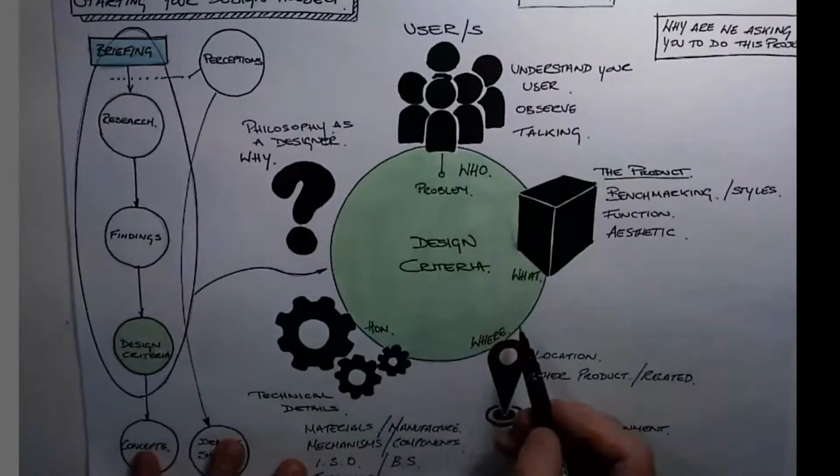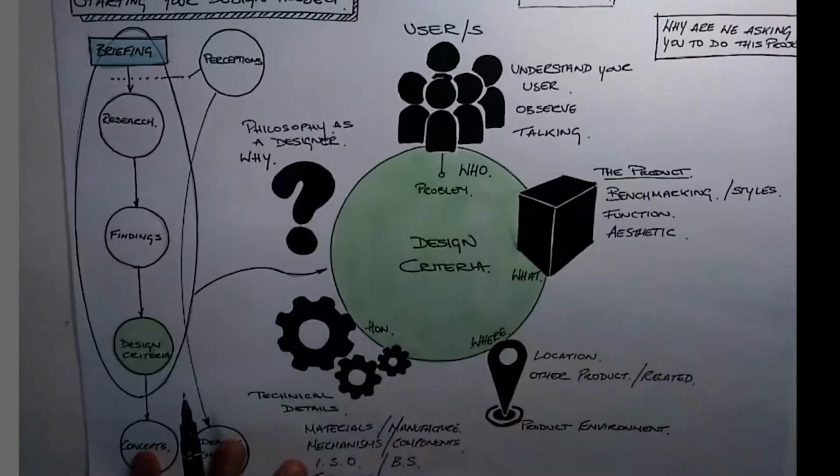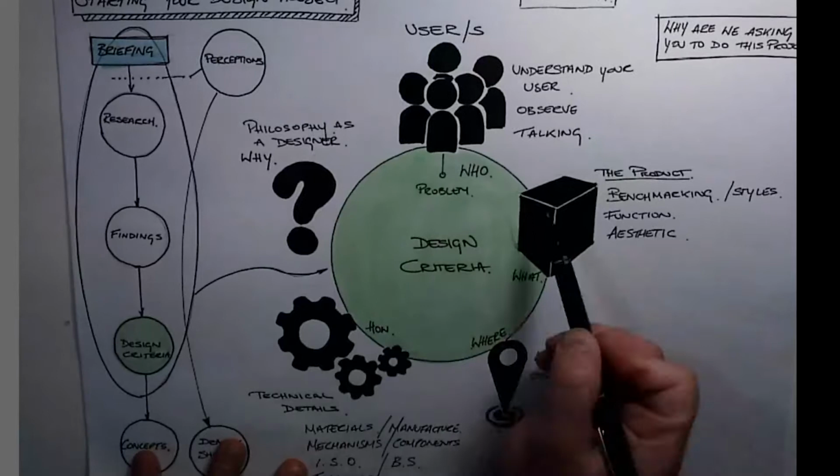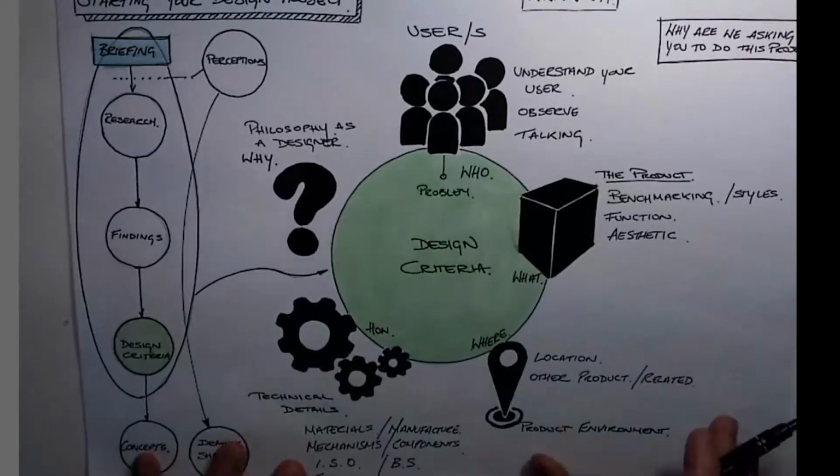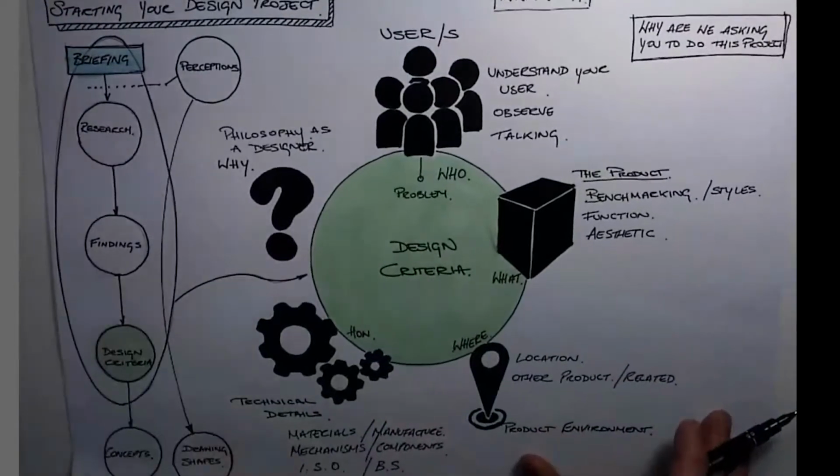Okay, obviously the one that's missing out of this is when, and I always think when is a combination of a couple of these. Now, depending on your project, it will differ. So, does that make sense to everybody before I move on?